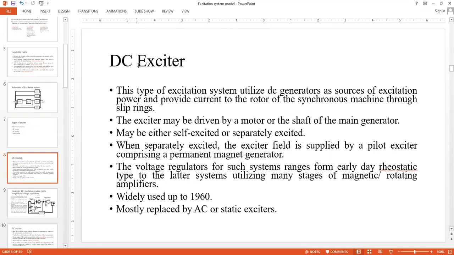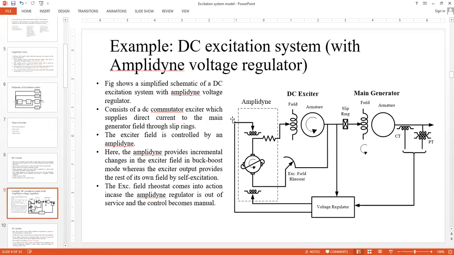Then we went through the schematic diagrams and a brief operating principle of these three categories of exciter model. In the DC exciter model, we have the rotating amplifier used for controlling the field current to the exciter itself.